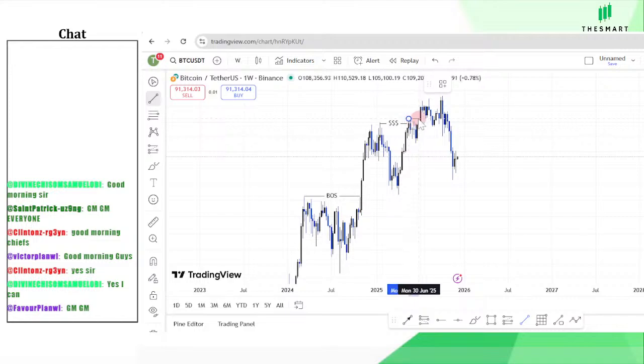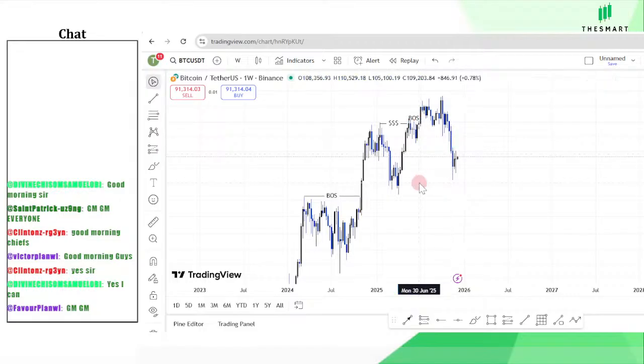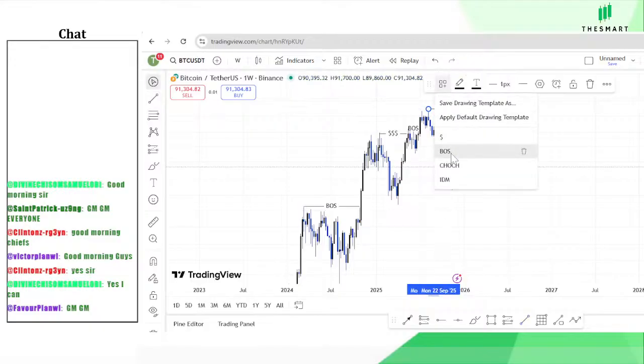And we have the last break of structure at this point. From the weekly, this point, we had a sweep. So liquidity was also taken out.